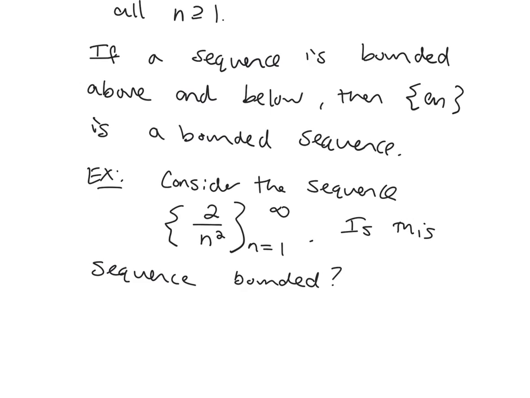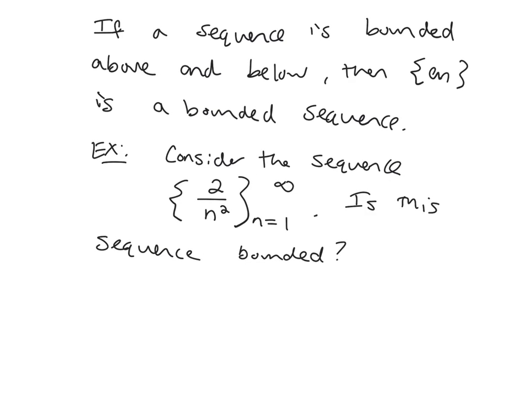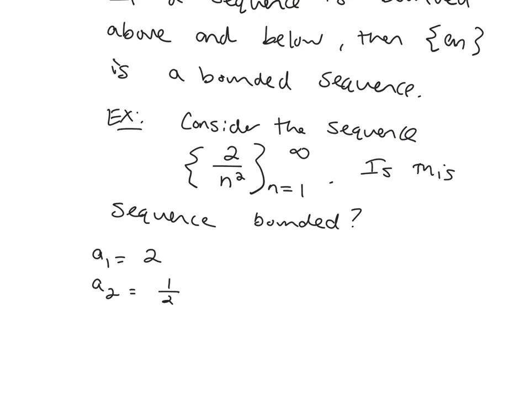It might help if you write out some of the terms to see what's happening here. So what do I get for a1? 2 over 1, which is 2. a2, 1/2. a3, 2 over 9.